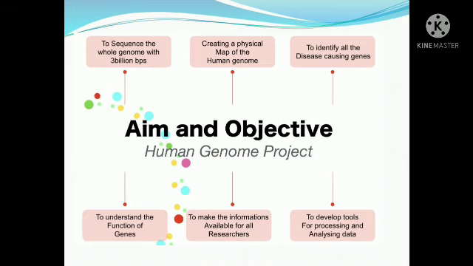Store this information in a database, improve tools for data analysis, transfer related technologies to the private sector, and one more last one: address ethical and social issues that may arise from the project. These are the aims and objectives of the HGP.